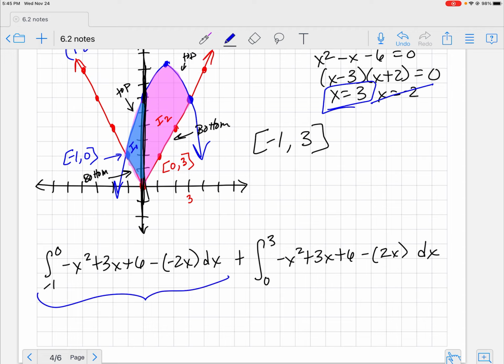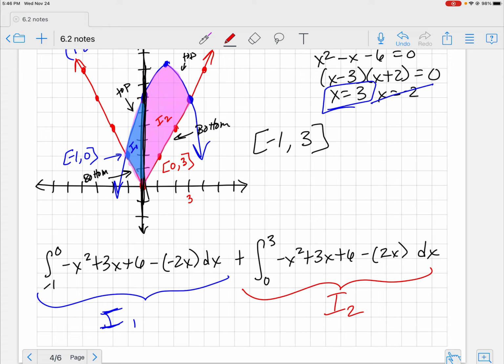See what just happened? This is integral 1, and this is integral 2. I'm just adding those two areas together. It's just area under the curve. We learned how to split those up. Now we're going to do it. Cool, right?